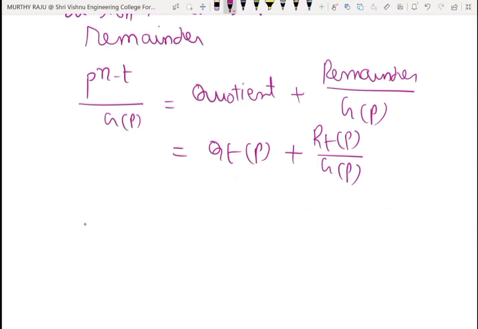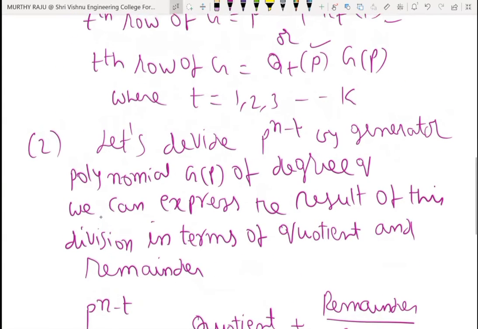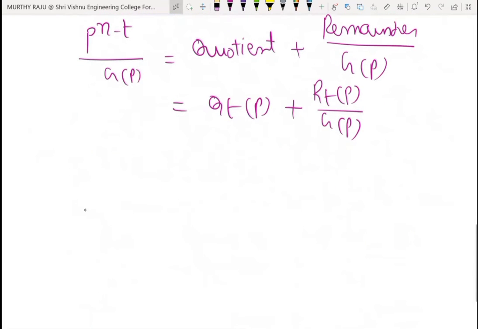Next one. Once the generator matrix is obtained, next one is the parity check matrix.